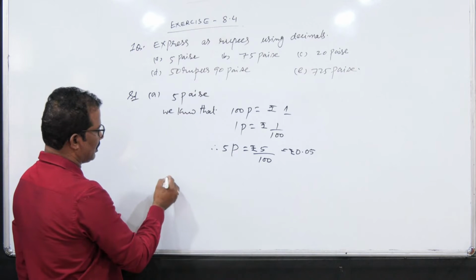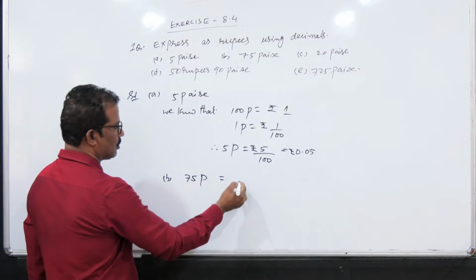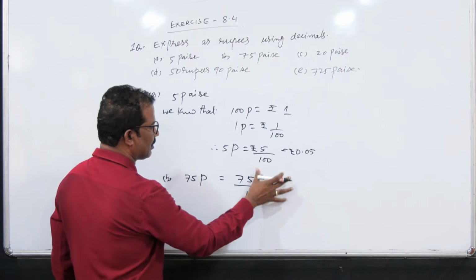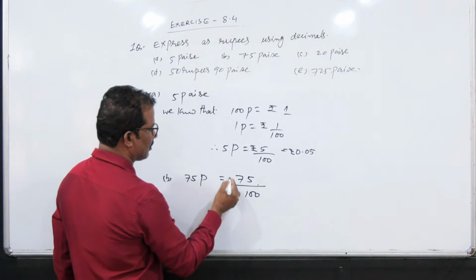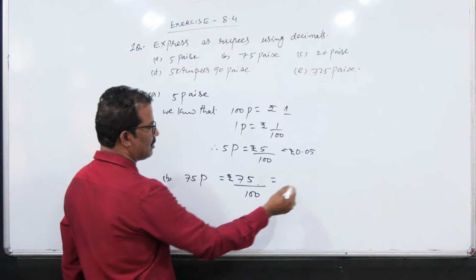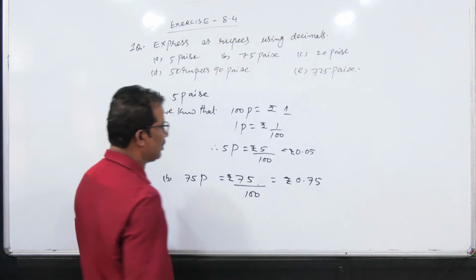In the next question, you see B, that is 75 paise. So to convert this paise into rupees, we have to divide by 100. So if we divide 75 by 100, we will get what? 0.75 rupees.